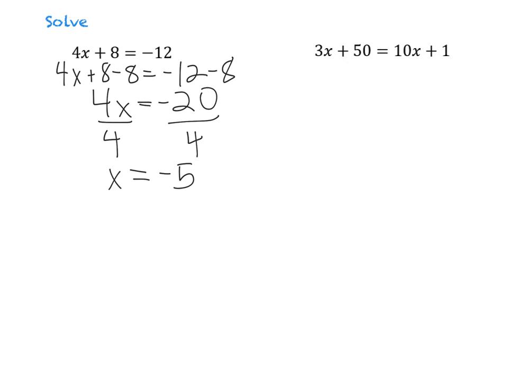So how can I move 3x to the other side of the equation? Well, I can do that by subtracting 3x from both sides of the equation.